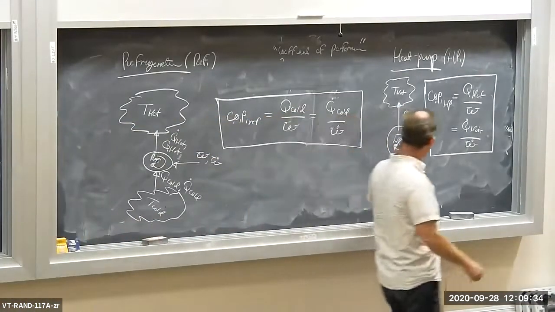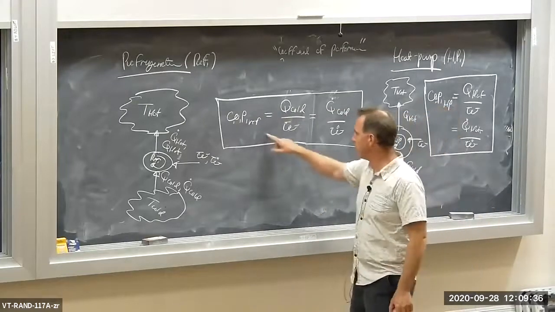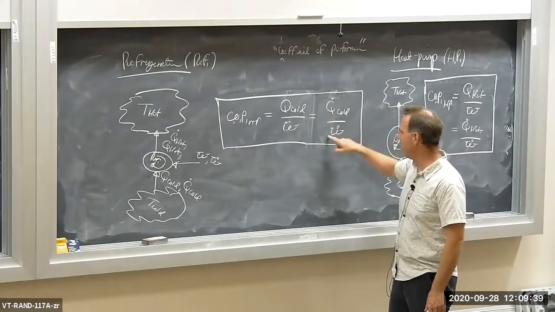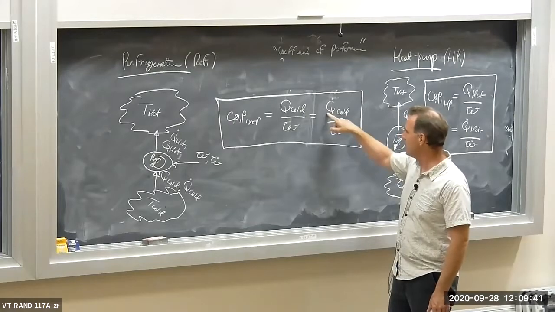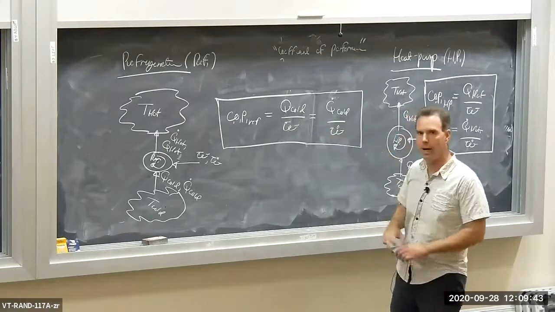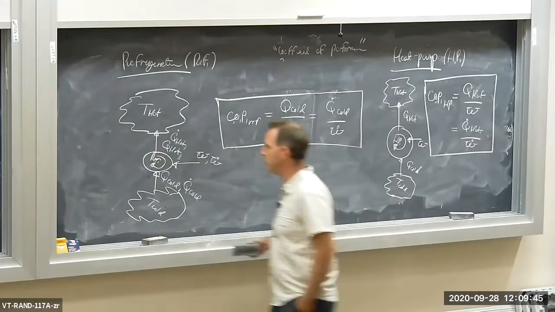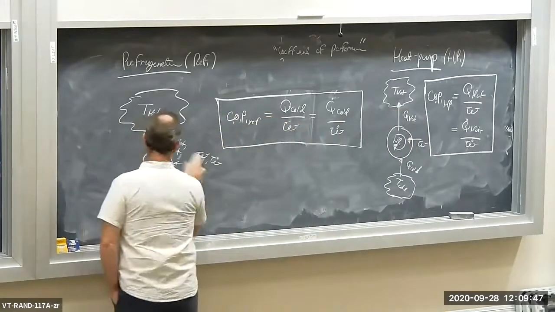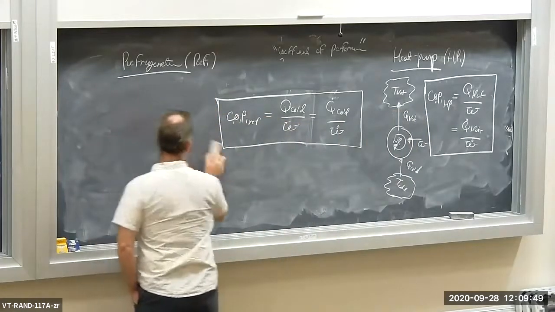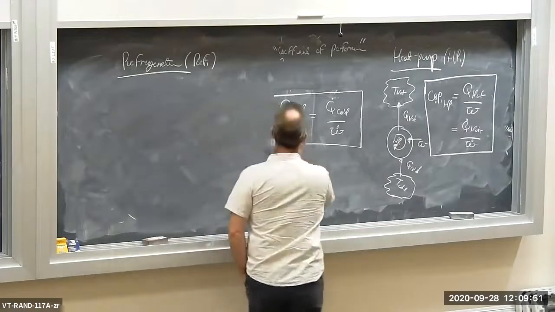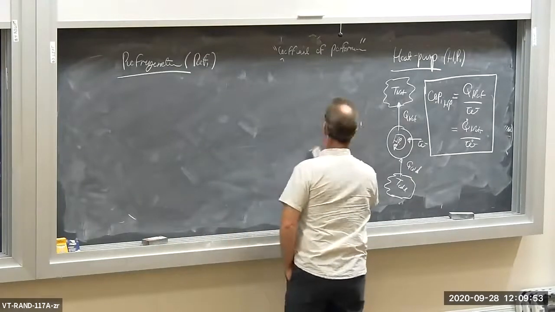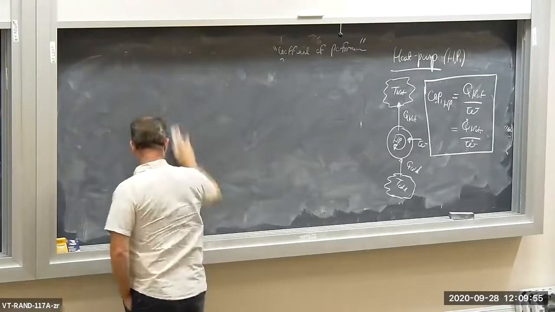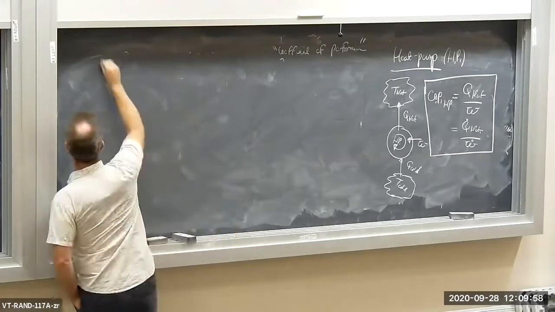Remember, for a refrigerator, the coefficient of performance, the benefit over the cost, is the heat transfer from the cold place divided by the work done to move the heat. Analysis.